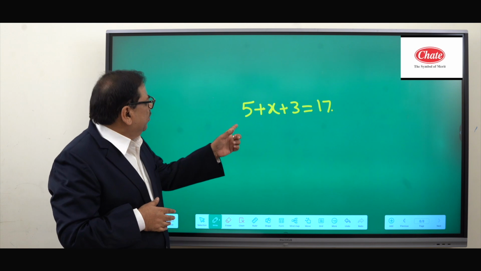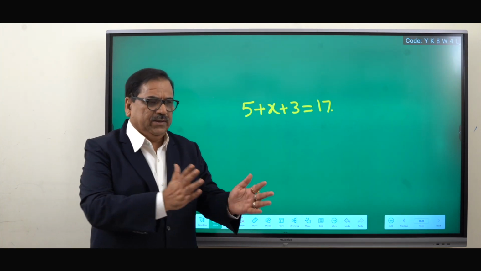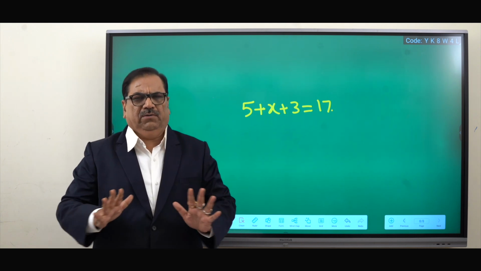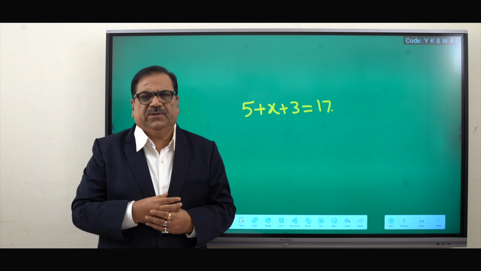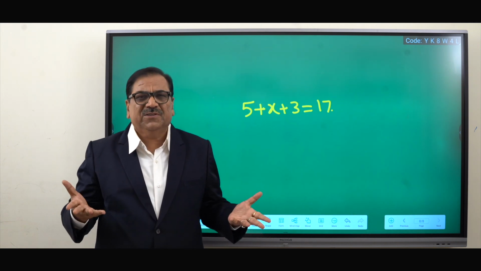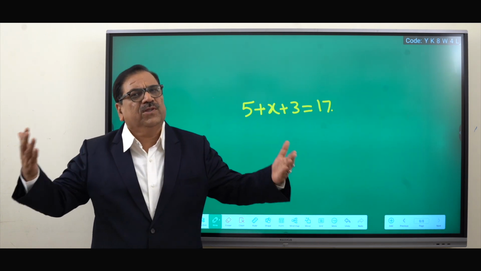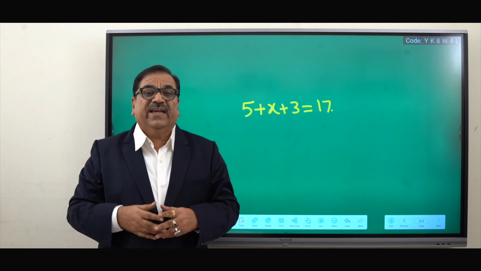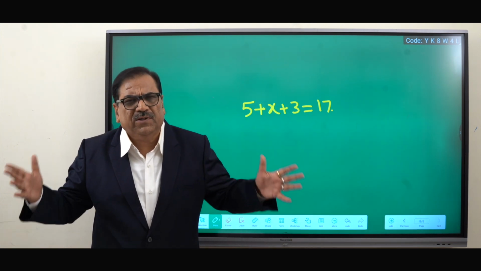Here, when we say equation, left hand side is equal to right hand side. But we can do some operations on equations. What operations? We can add the same number to both the sides. We can subtract the same number from both the sides of the equation.